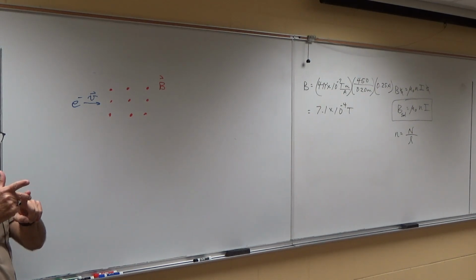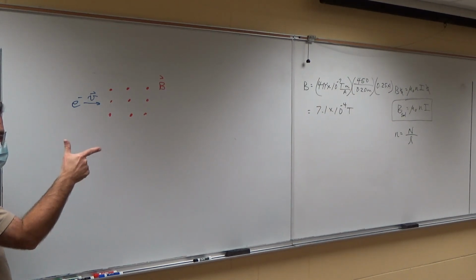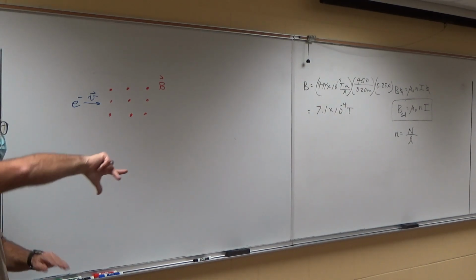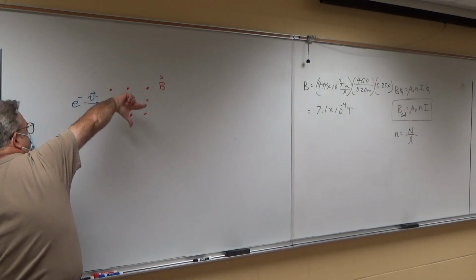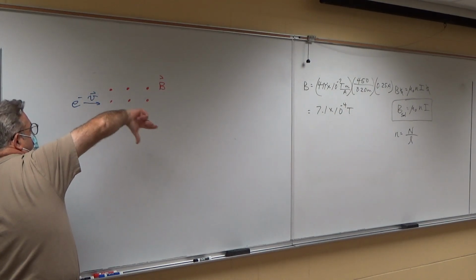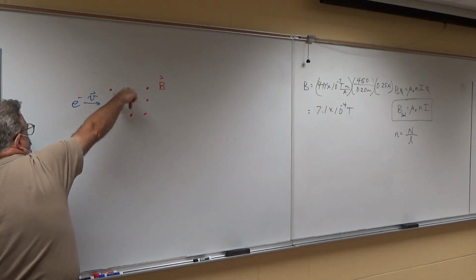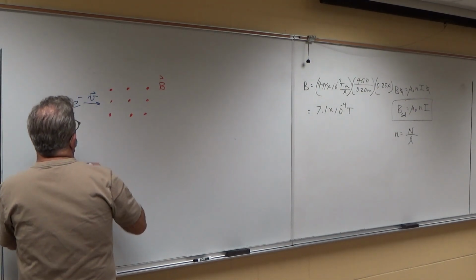Middle finger is magnetic. Index finger points in the direction of the velocity. This gives you the direction of the force. But that's the direction of the magnetic field, that's V, but it's a negative particle, so I have to flip the force direction. So this particle is going to go around counterclockwise.